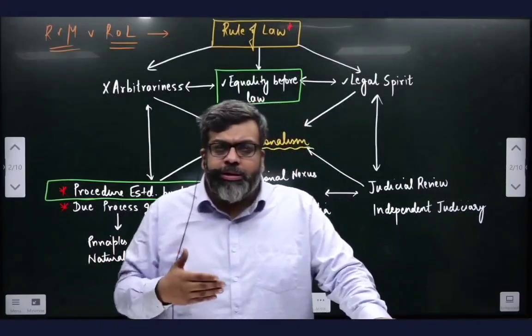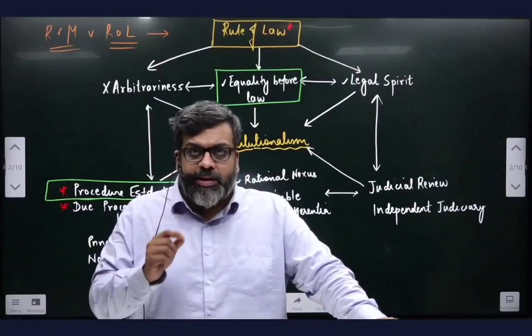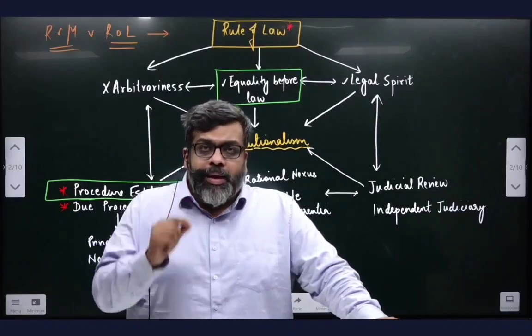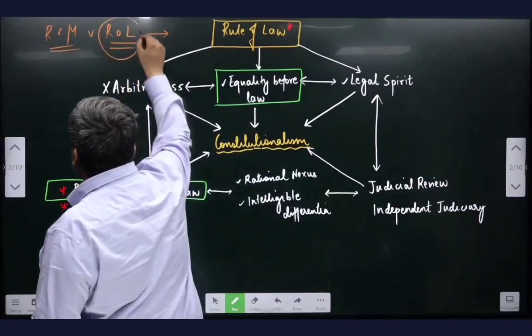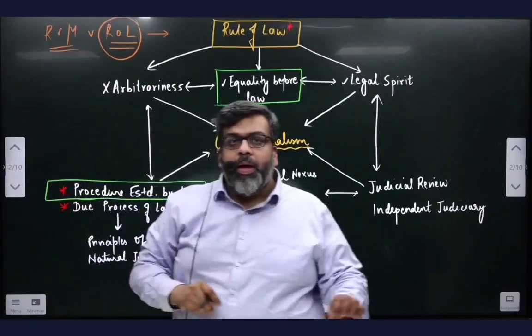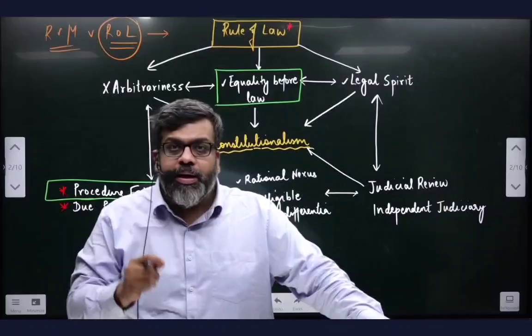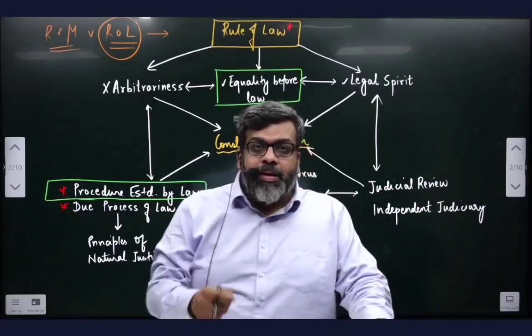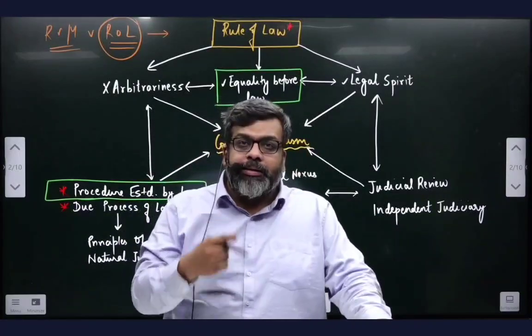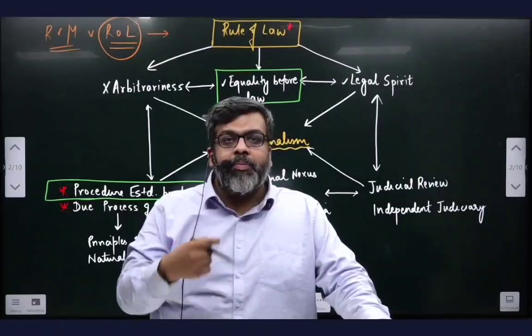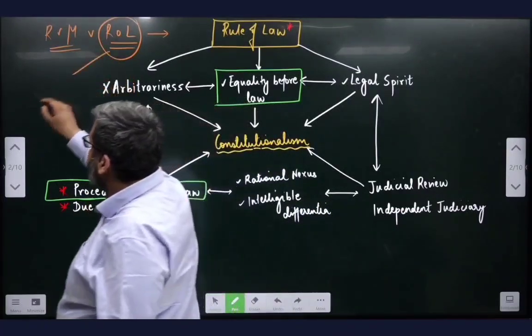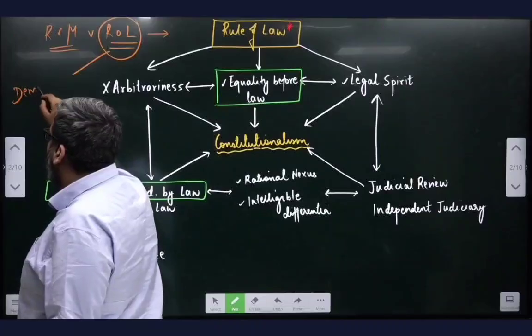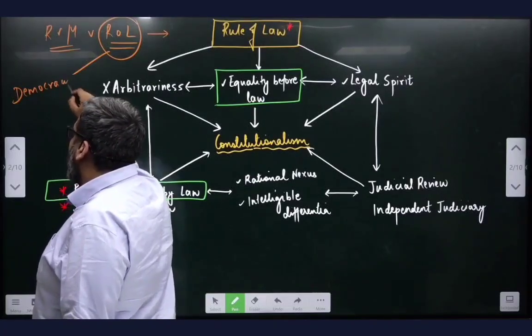And most democratic countries, and this is the important part, will necessarily choose rule of law. If you are a democratic country, that means rule of law is something that you would compulsorily want to choose. Why? What is the relationship between rule of law and democracy?